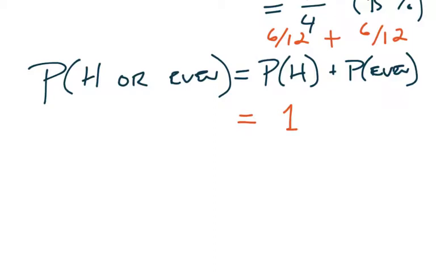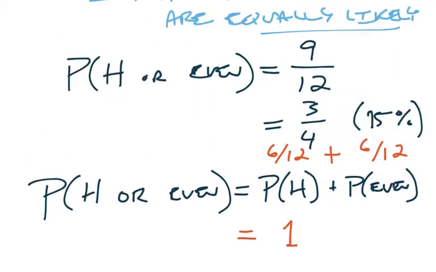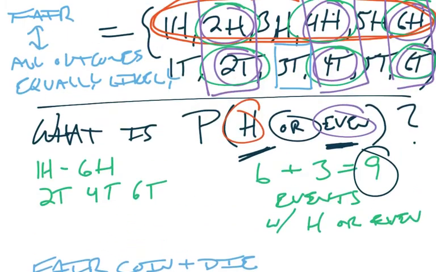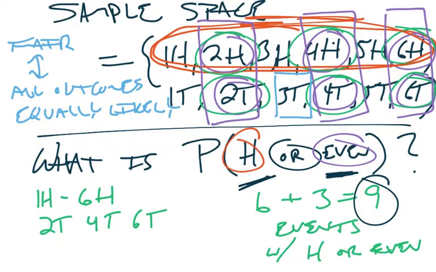But we know that that's false, right? Look back at the sample space. Let me grab one of the events here that doesn't match that description. 1t. That's an odd number on the die, and that's a tails on the coin. That is not heads or even. It's neither, right? It's odd and tails.